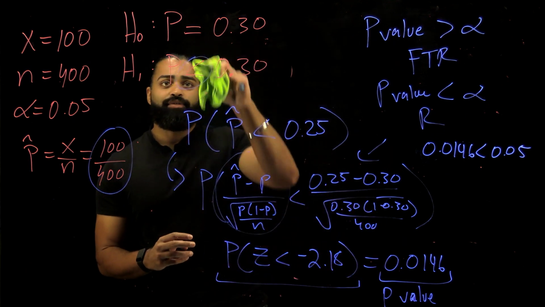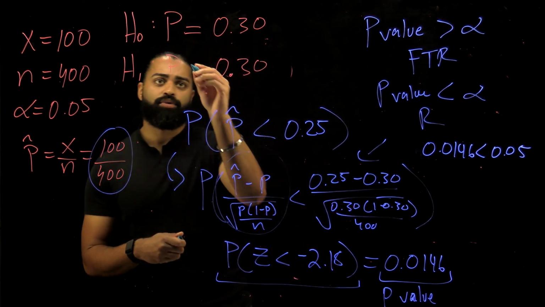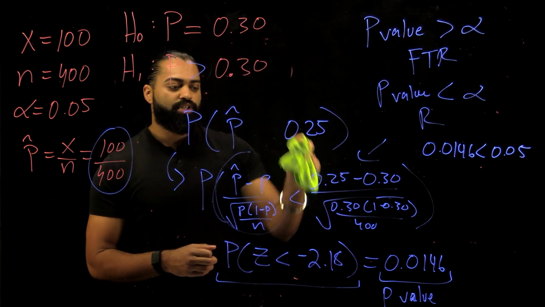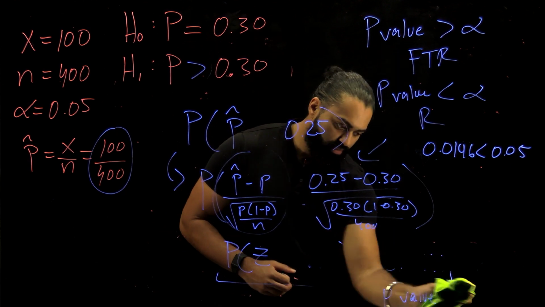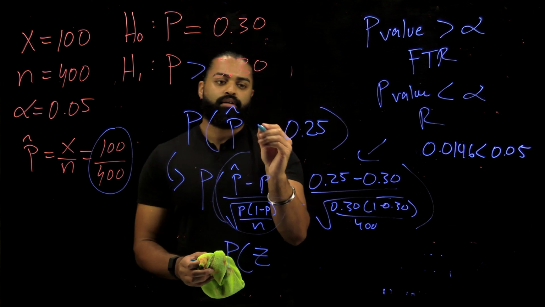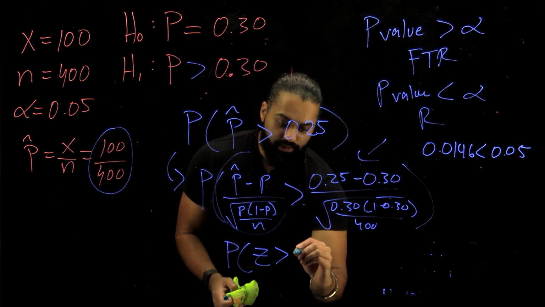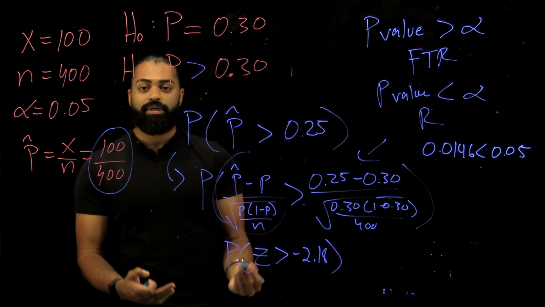Now, if this was greater than, and we're doing the p-value approach, I could just go in and change the signs. This would be the probability that z is greater than negative 2.18. Now, what you would need to do is the complement rule.